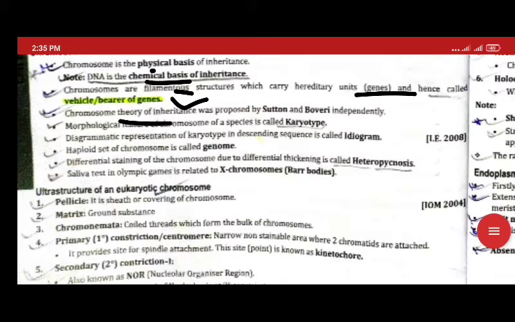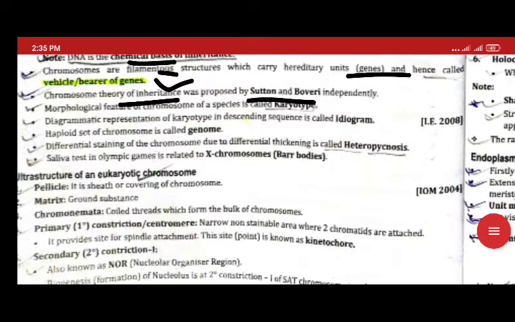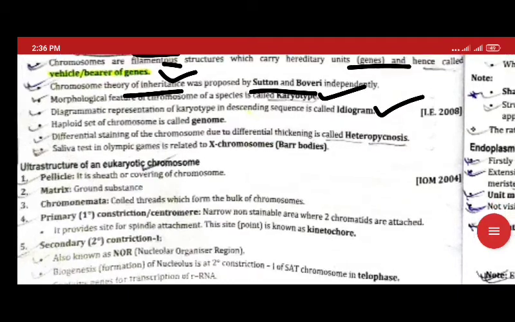The chromosomal theory of inheritance was given by Sutton and Boveri, and the morphology of chromosomes is called karyotype. The diagrammatic representation of chromosomes is called ideogram. Haploid chromosomes is called genome. So genome is a set of chromosomes, the whole set of chromosomes that define all the genetic material.